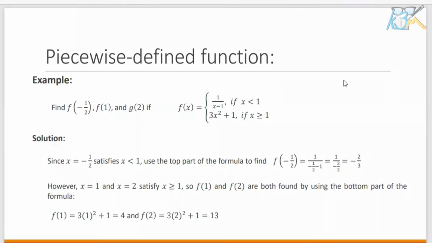If a formula, or several formulas as in this example, is used to define a function f, then we assume the domain of this function to be the set of all numbers for which f of x is defined as real numbers.